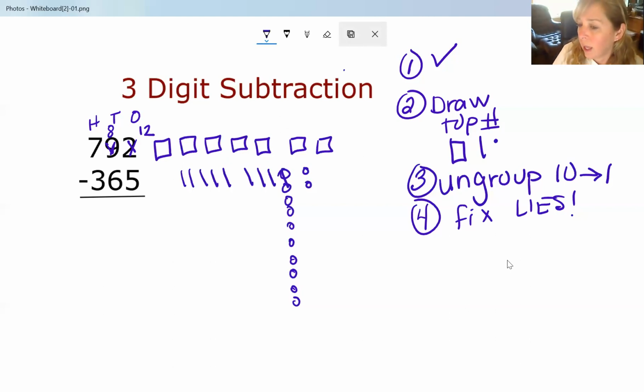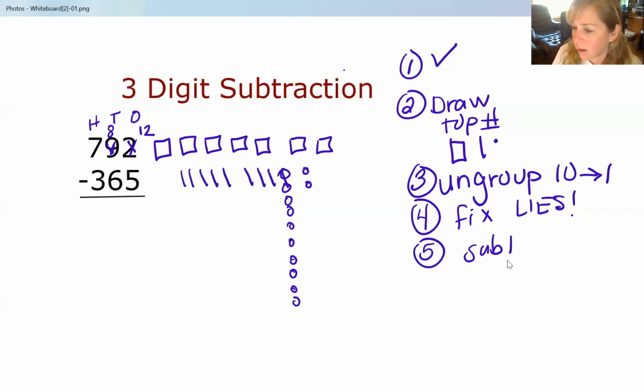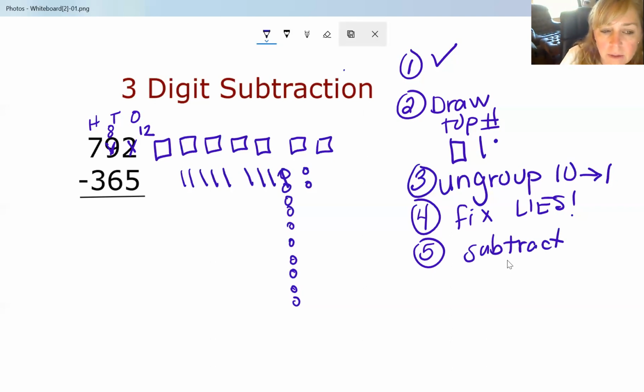Now we're going to go ahead and subtract. So we have 12 minus 5 is, well, 10 minus 5 is 5, and 2 more is 7.